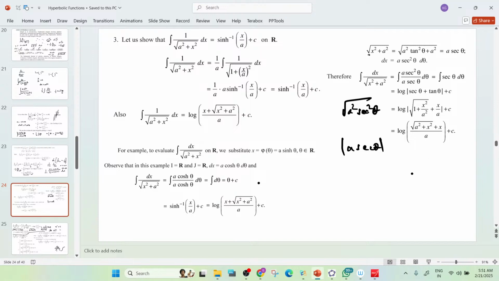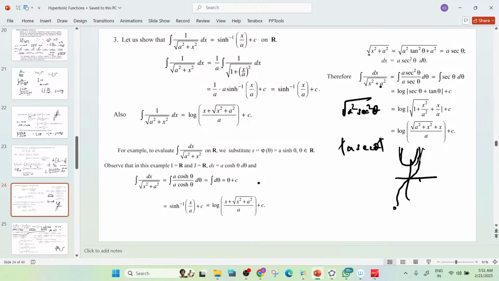Here also the same thing: we are choosing tan theta between minus pi by 2 to pi by 2, and there cos theta is also positive. That's why secant theta is always positive, so we are ignoring these mods. That's why we are able to write it as a secant theta. This is important.